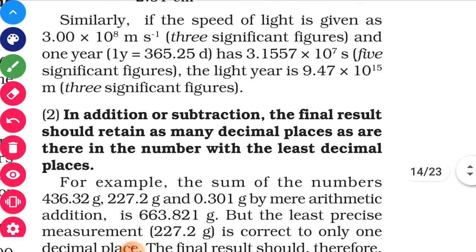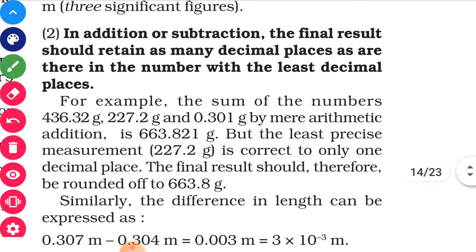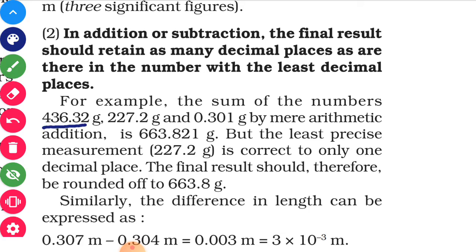Okay. In addition or subtraction also, the final result should retain as many decimal places as are there in the number with the least decimal place. Now see, again one example is discussed here. Okay, these are the values which are there in gram, they must be added.